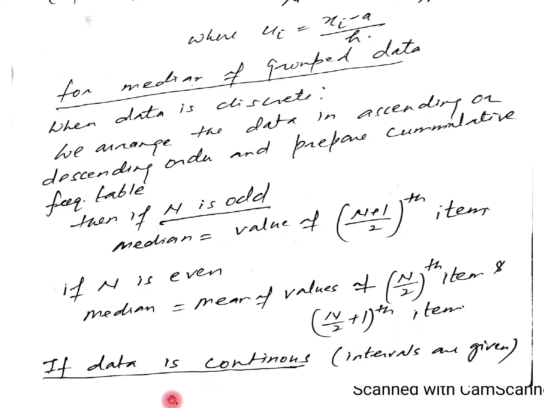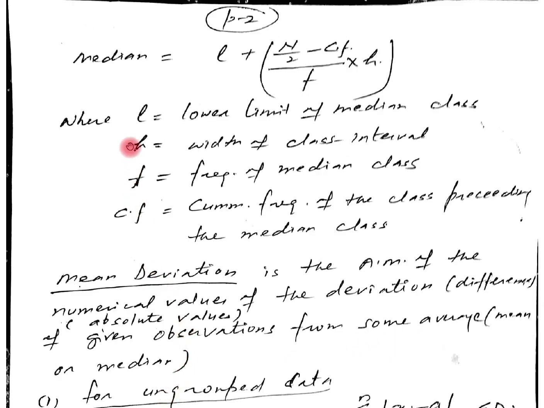And if the data is continuous, then we know the median is found by using this result: L plus n by 2 minus CF upon f into h, where L is the lower limit of the median class, h is the width of the class interval, f is the frequency of the median class, and CF is the cumulative frequency of the class preceding the median class. This is just the revision of the topic that we have done in the 10th class in statistics.